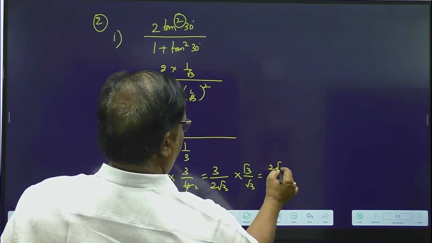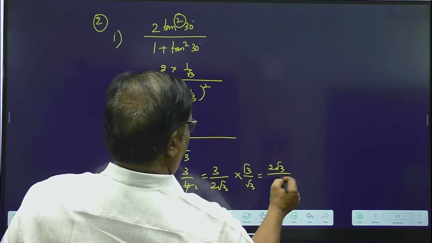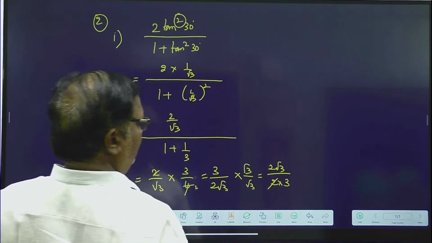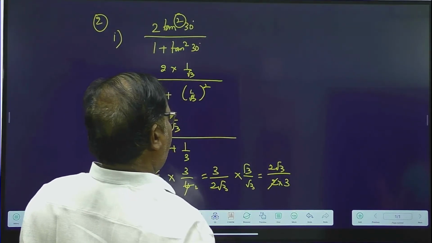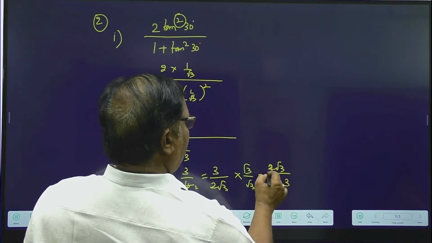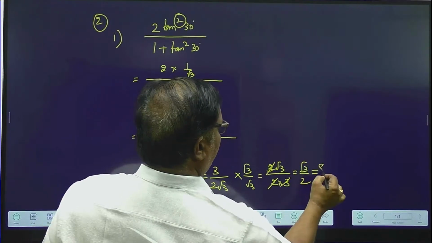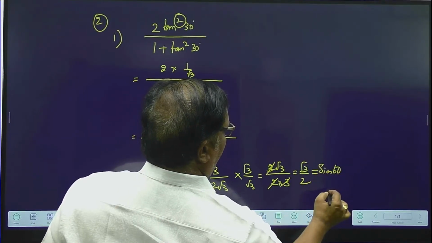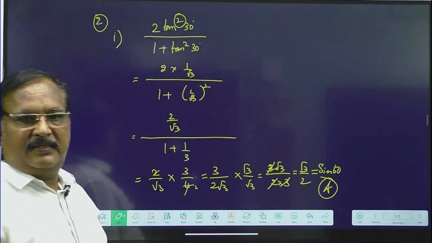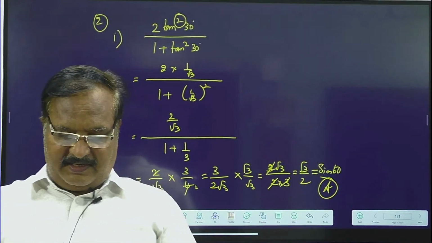So 2 into 4 by 3 root 3, so 3 will get cancelled. It is equal to root 3 by 2, which is equal to sin 60. Option A. Option A is the correct answer.